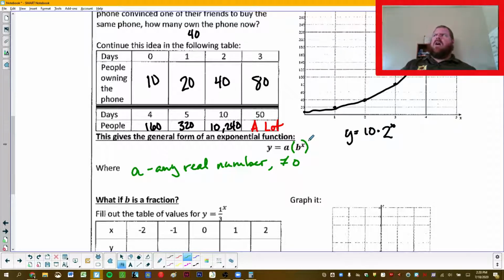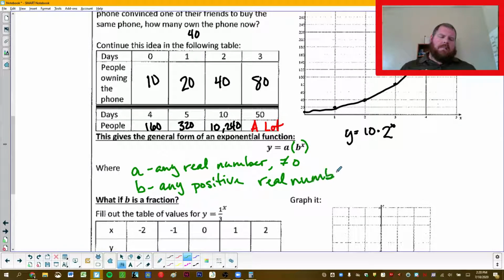In fact, I would relate the daily task to a being 1 in that case: a penny on the first day, 2 pennies on the second, and so on and so forth. And then b is any positive real number. Those are the only restrictions that we have, those two things.